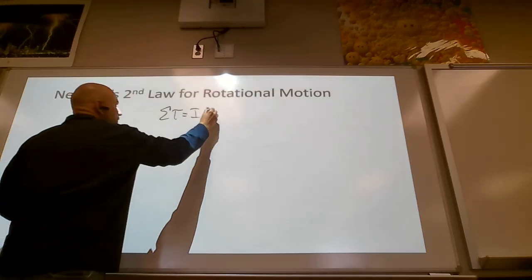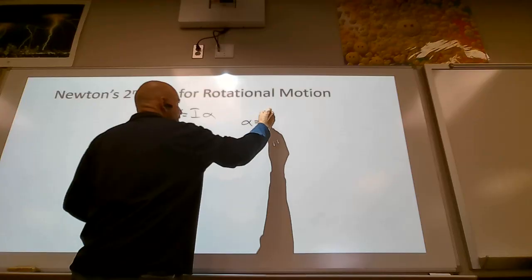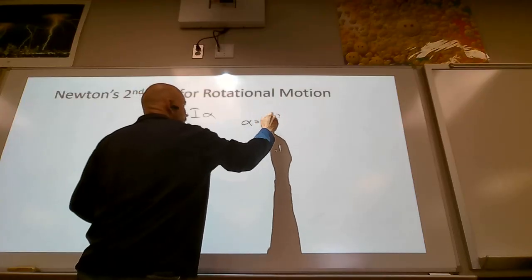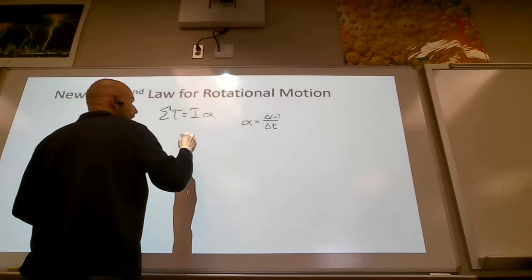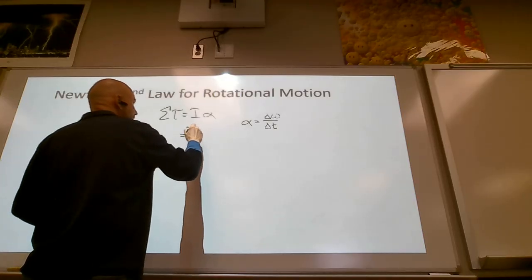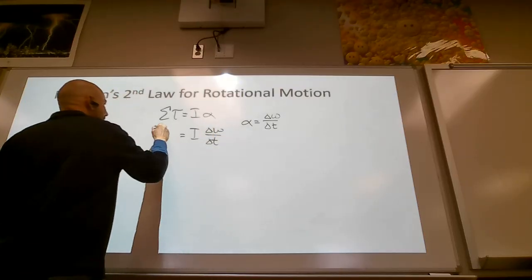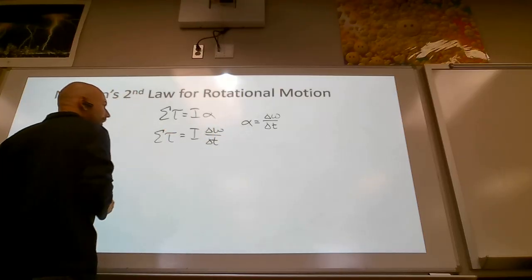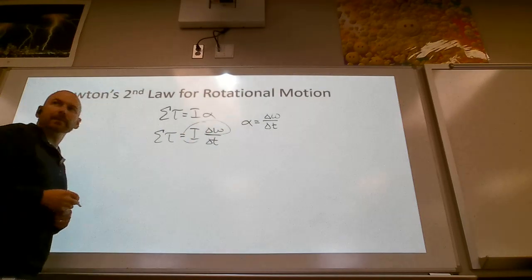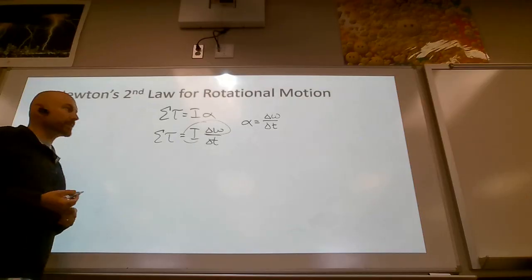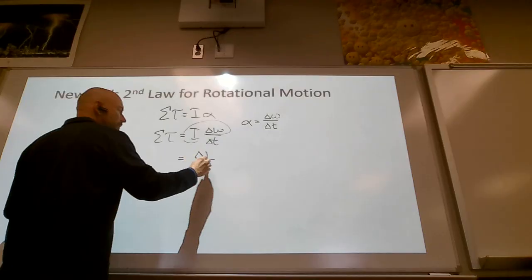Net torque is equal to I alpha. We know that alpha is equal to the change in angular momentum over the change in time. So this is one expression, if we don't change the shape, for change in angular momentum.